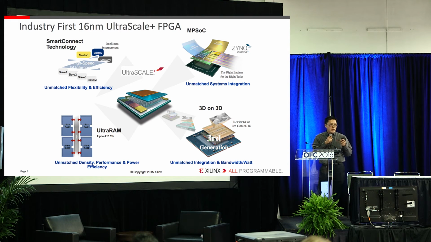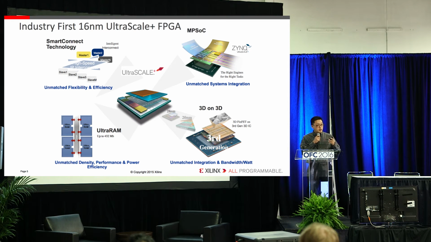Okay. So you might ask, what is the advantage of 16? Obviously, at a lower geometry, you can take advantage of a power reduction. But actually, in 16 nanometer, there are also some interesting technology that we have embedded. So for example, you might be used to dealing with a very small memory.